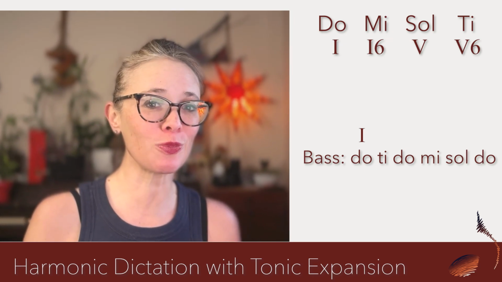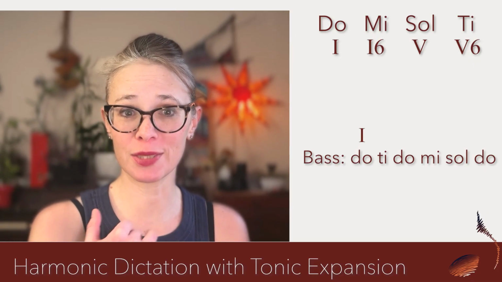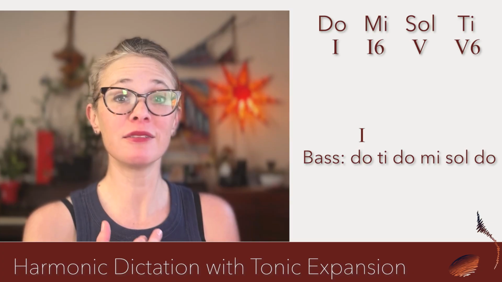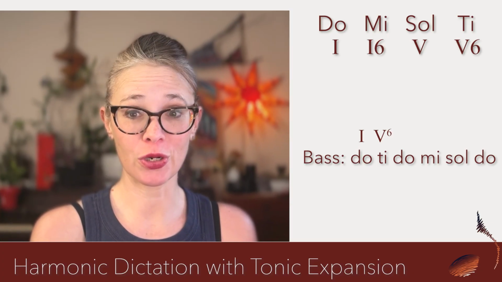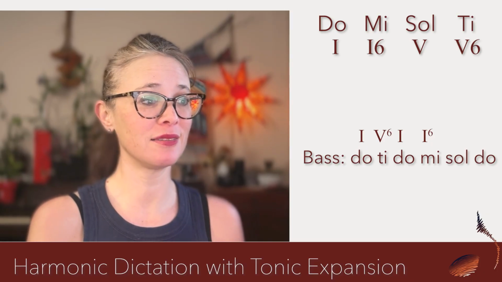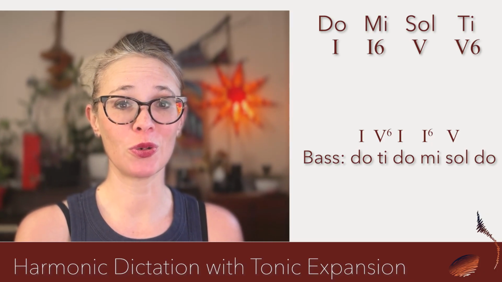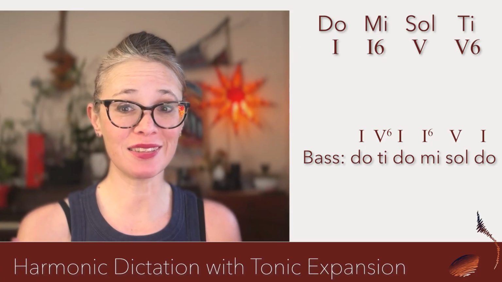We're still going to look at the soprano, but let's talk about the chords. So do has to be a 1 chord, ti 5 6, do 1, mi 1 6, sol 5, do 1. Okay, that's it. That's our chord progression.